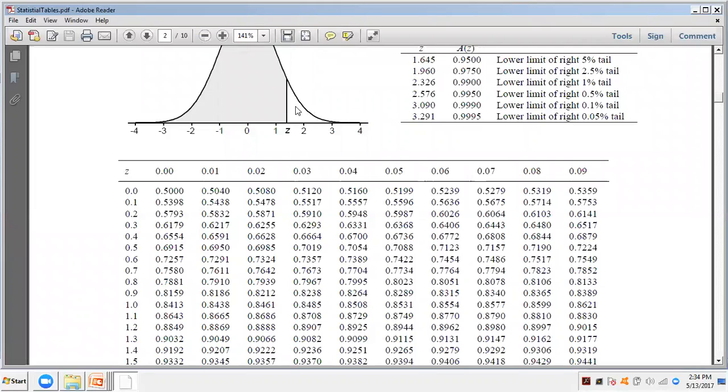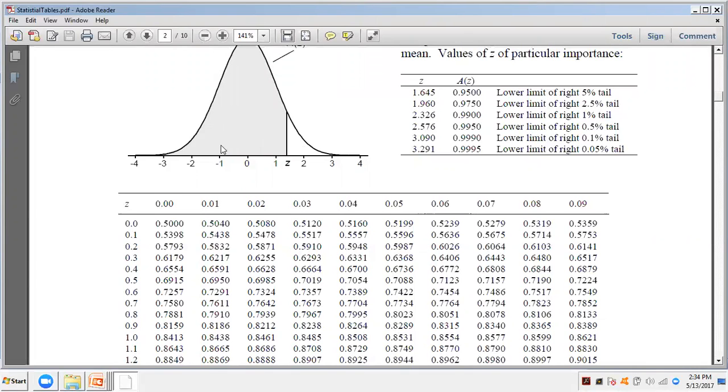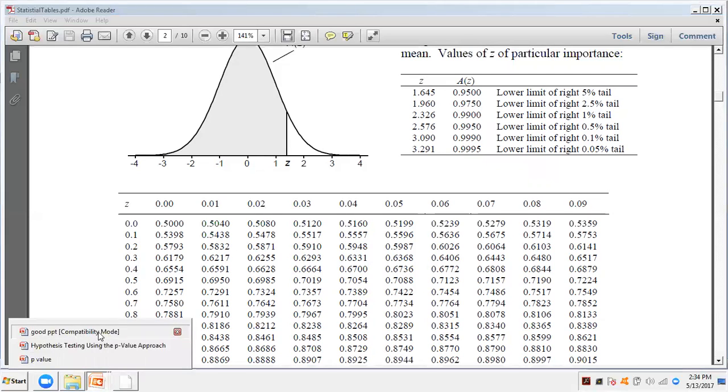So the remaining area will be 1 minus 0.9838. Why? Because the whole area of this graph is considered 1. Cumulative probability is always 1, and cumulative probability is nothing but the area of this graph. So if for z equal to 2.14 we are getting 0.9838, then obviously this value will be 1 minus 0.9838.